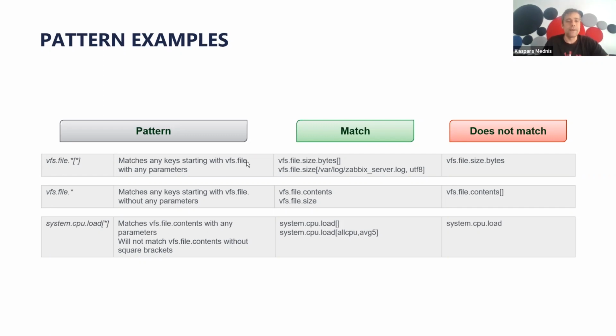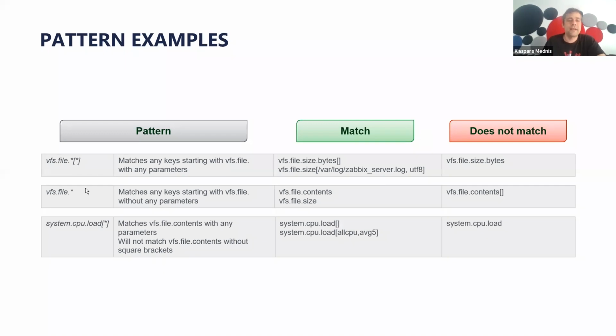Look here. This definition does not match vfs.file.size with no parameters. In this example, the key will not work because it requires some parameters, but it will still in theory be accepted.